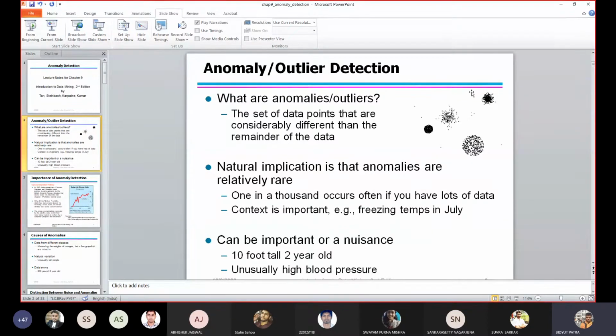So here we go. Suppose you see on the right side, there are some clusters, but there are some points also. Those points are quite different from the rest of the points because they are in isolated regions. What is this point? This point is nothing but an object. An object consists of features, as we said in the first class.